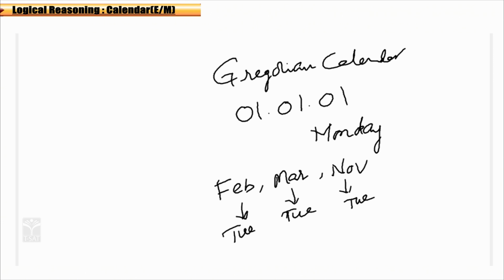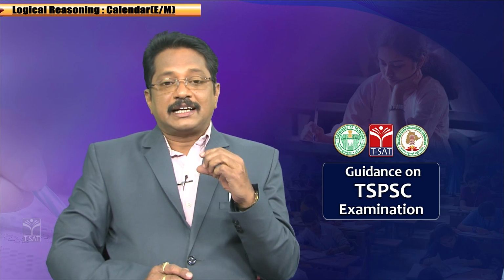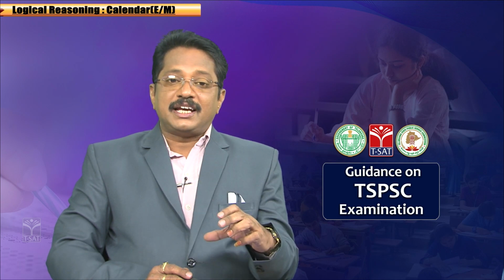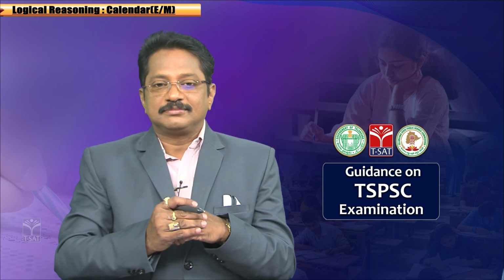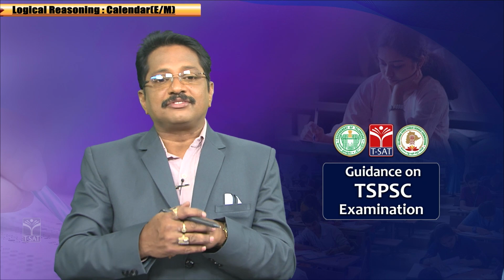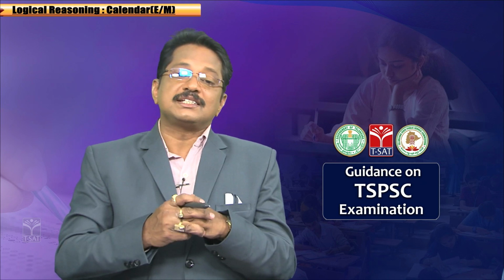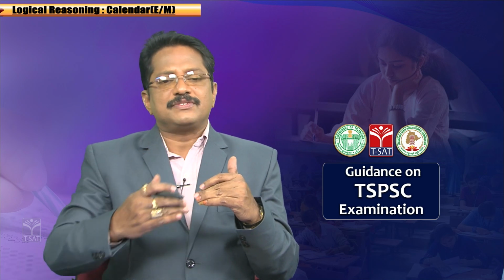The first days of the months February, March and November are the same. And one more very interesting thing in the calendar is that the calendar of January and the calendar of October are both the same, meaning the same weekdays will be there.